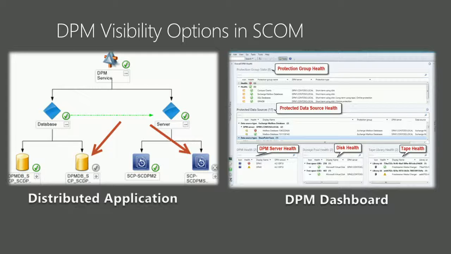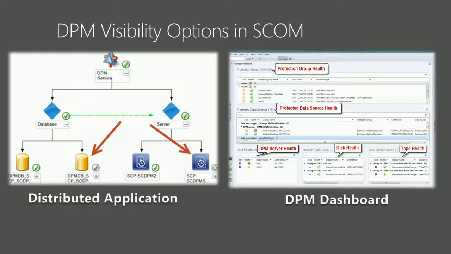As my good friend Robert likes to say a lot, think of DPM or backup as a service, and your DPM servers are an instance in that service. So the idea here is we bring our DPM servers, if we have more than one, into a distributed application so we can easily see what's going on with our DPM at all times.